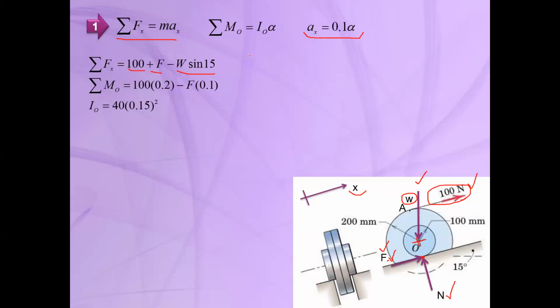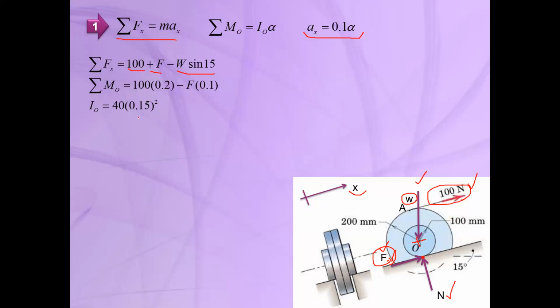Okay, so we continue. So we have the moment equation about point O. If we write the moment equation, we will have the moment due to this force 100 Newton and the moment due to the friction force. So the arm for the 100 Newton force is 0.2, and the arm for this force F, the friction force, is 0.1.